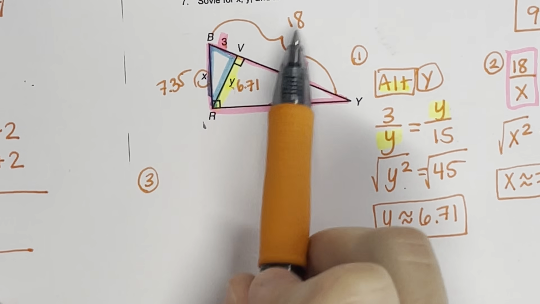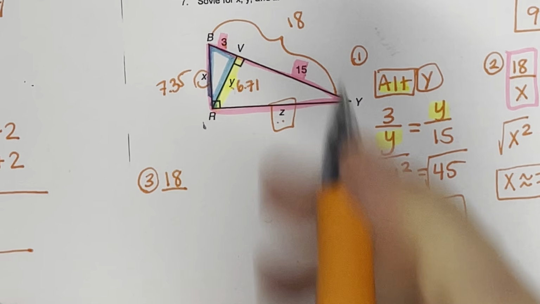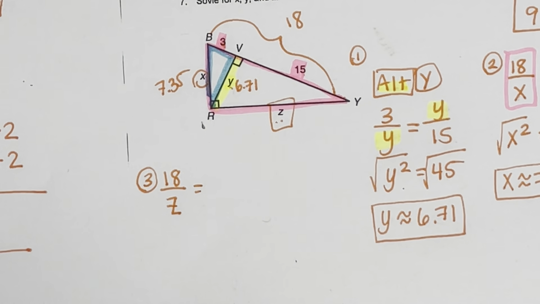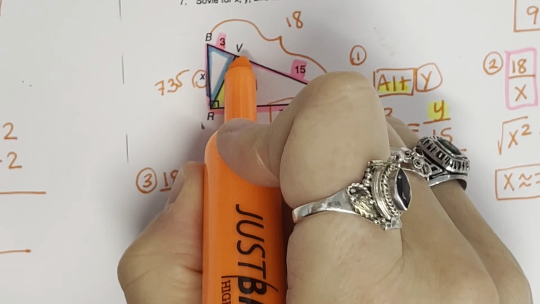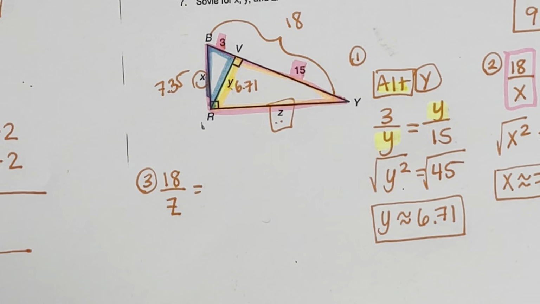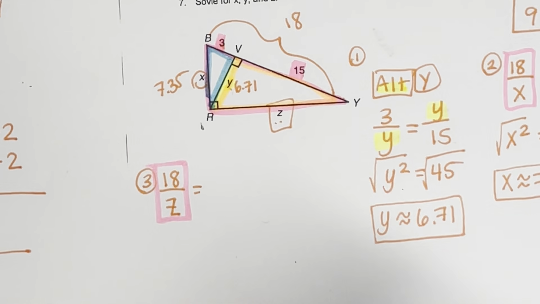So my hypotenuse is 18 divided by the leg I'm trying to find, which is z. Hypotenuse leg. Now this time I'm going to have to use the other triangle. So I'm going to do it in orange here because I'm trying to find a different variable, so I need to use a different part.